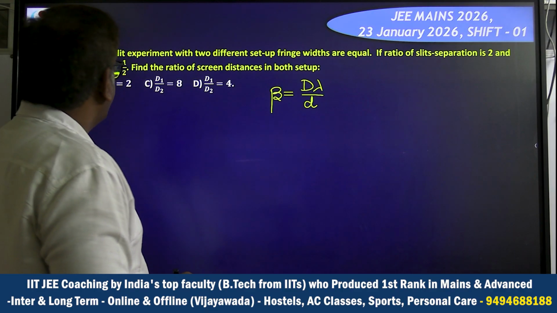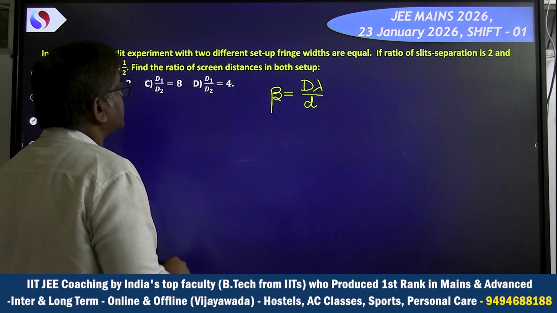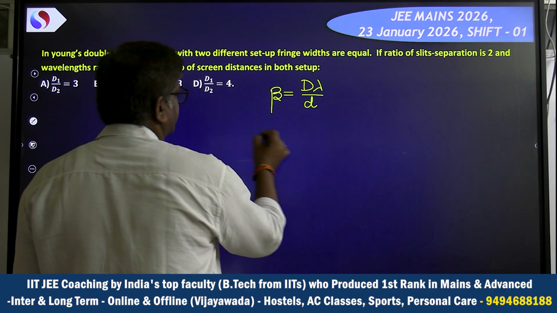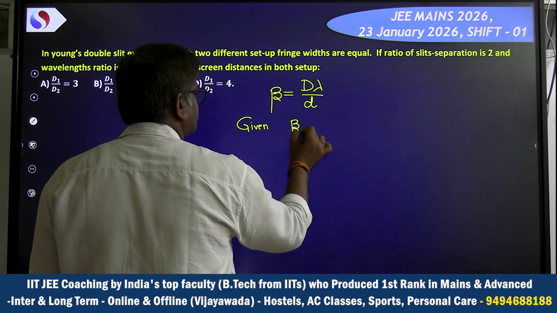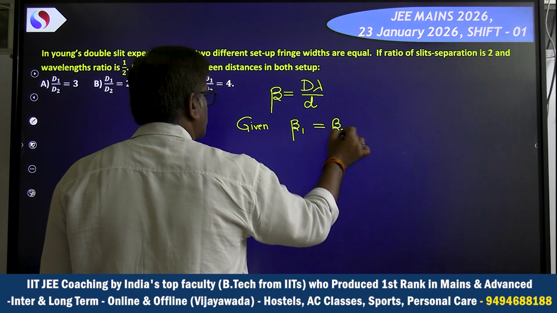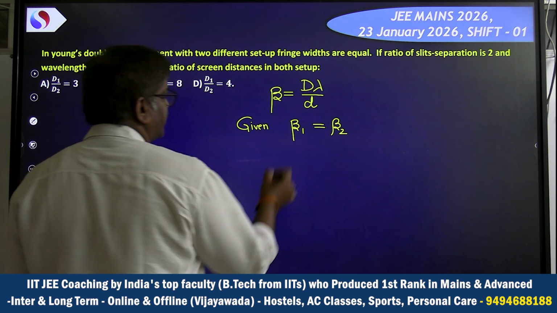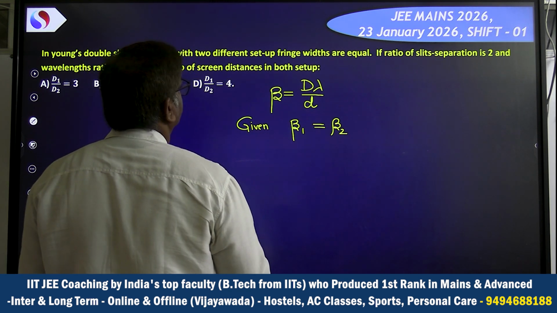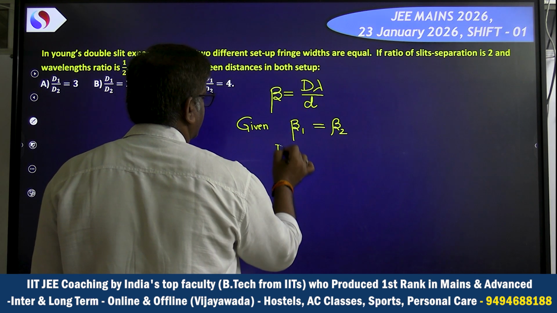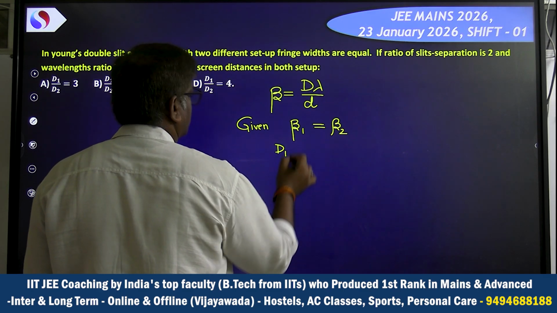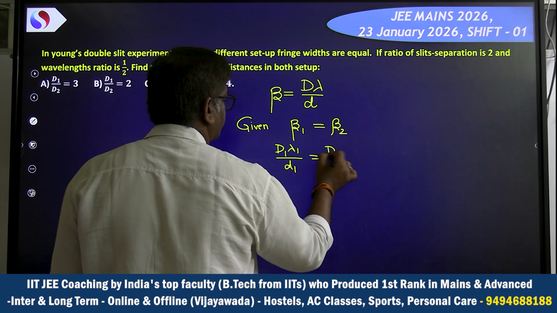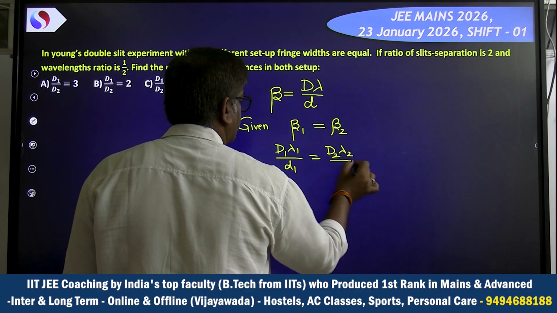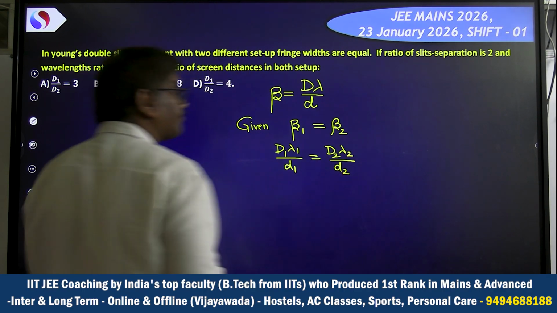Now they have given two different setups, and they are saying that beta 1, the fringe widths, are the same. So in case 1 and in case 2, fringe width is the same. And if the fringe width is the same, with different ratios, we will say D1 lambda 1 by small d1 is equal to D2 lambda 2 by small d2.